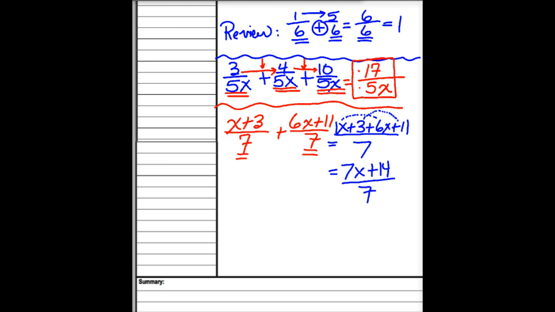You might be dying to cancel those 7's, but you can't, because when you see that plus sign there, you have to factor first. Before I can cancel that 7 out, I have to divide it out of both terms on the top of that fraction. There's your 7x plus 14 with the 7 factored out of it, over 7. Now these 7's cancel and you get x plus 2. And we're done.